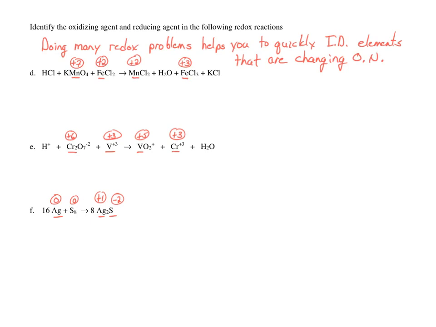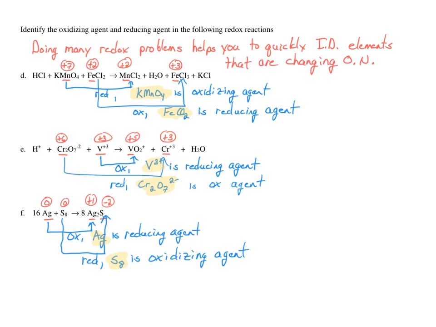All right, I've assigned oxidation numbers to all the elements that are changing, and now we can quickly identify the oxidizing and reducing agents. And we can finish off these problems. Note that in each case, when we're identifying the oxidizing or reducing agent, we write the formula exactly as it appears in the reactants.